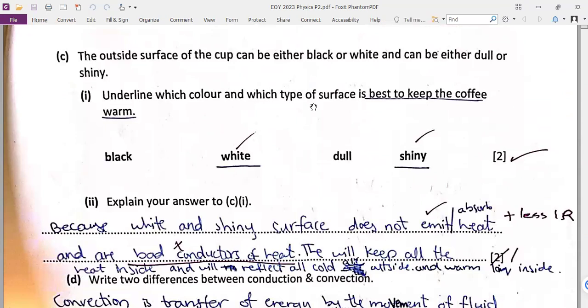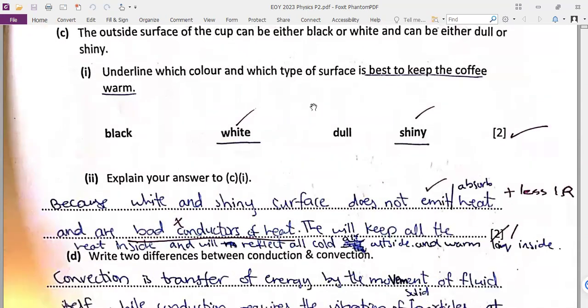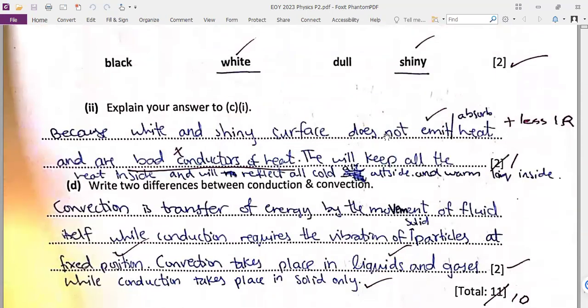Shiny and white are the best to keep the coffee warm. A shiny surface does not emit or absorb heat, and bad conductors of heat. This, yes, it is correct, but it's not going to be applied here. This will keep the heat inside and will reflect it inside.